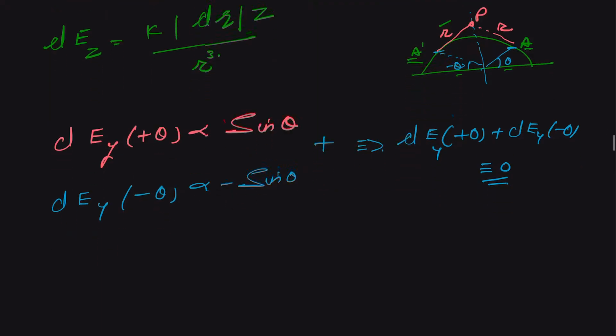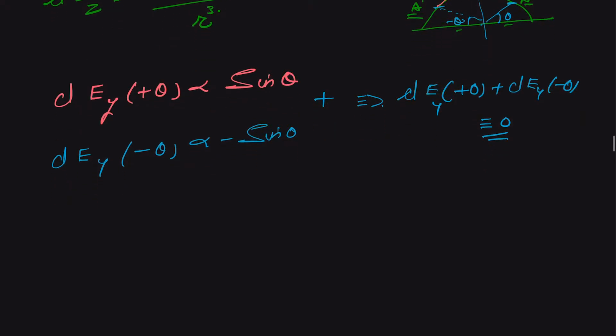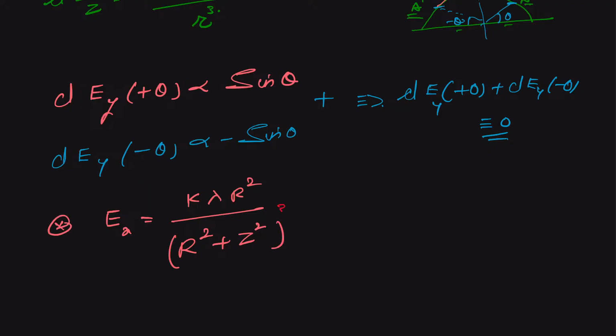Now we can easily find our electric field in the x direction. So we can say that our total electric field in the x direction will be equal to k lambda r square divided by r square plus z square to the power 3 by 2, and this goes from minus pi by 2 to plus pi by 2, and we get this as cos of theta d theta, and this integral is going to give us an answer of 2.